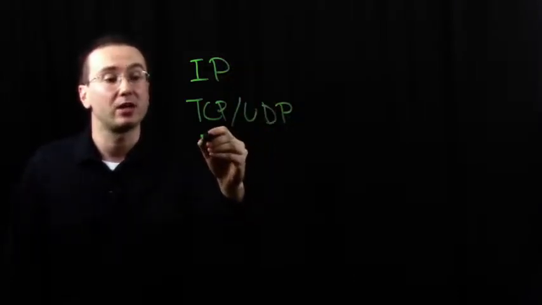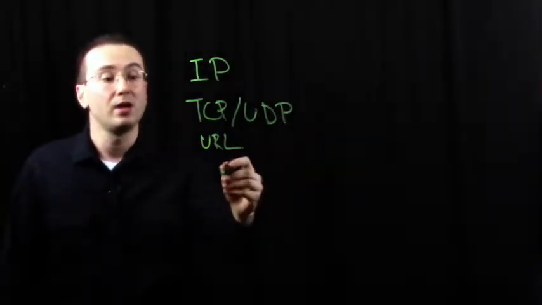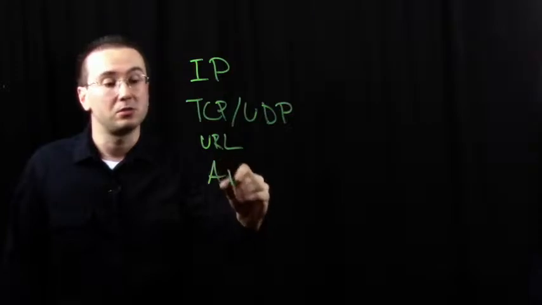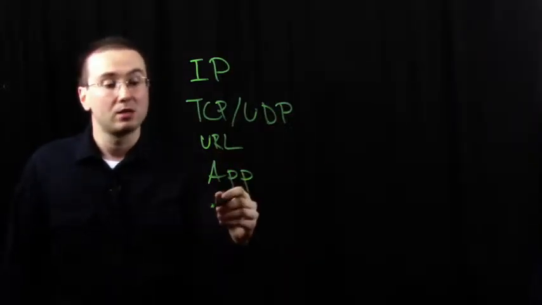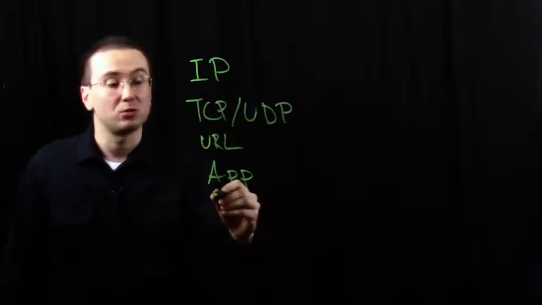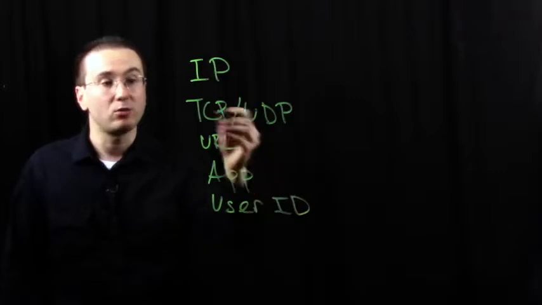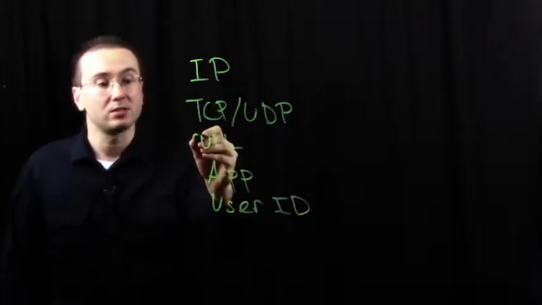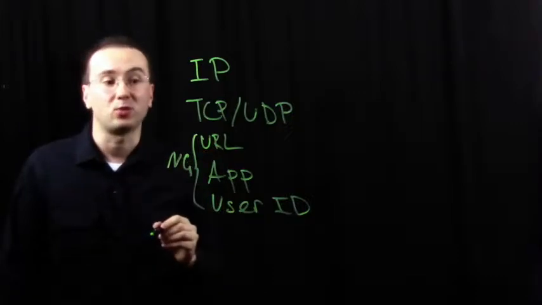They add things like URL categories and URLs in general. A lot of vendors do add application identity into the equation. More abstraction is better, so user identity is also a big thing. So now you add all those different things, and now you got to call your firewall a next generation one.